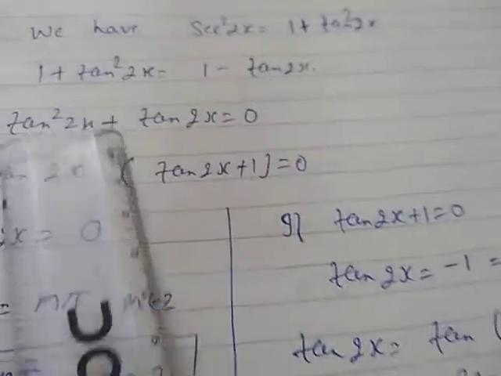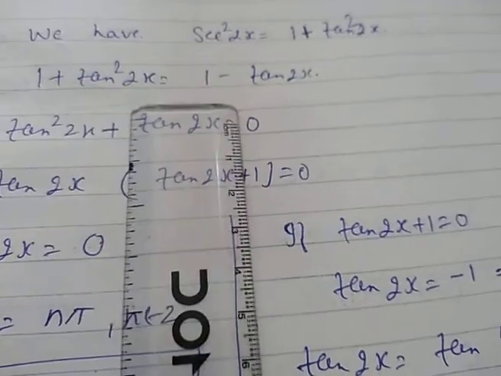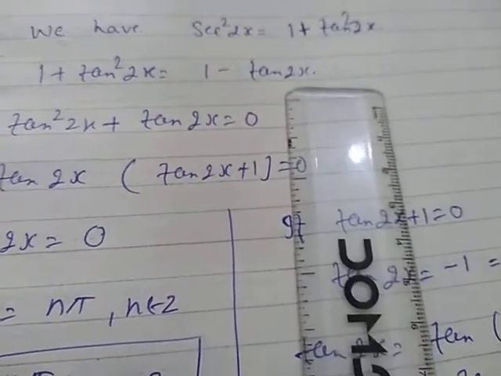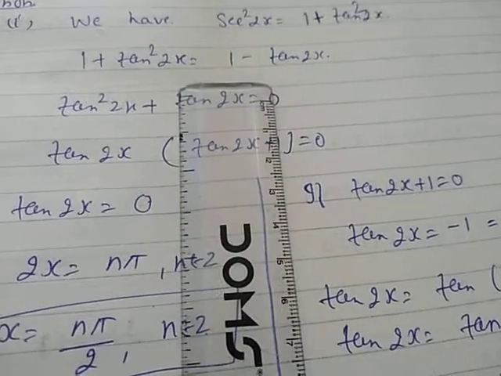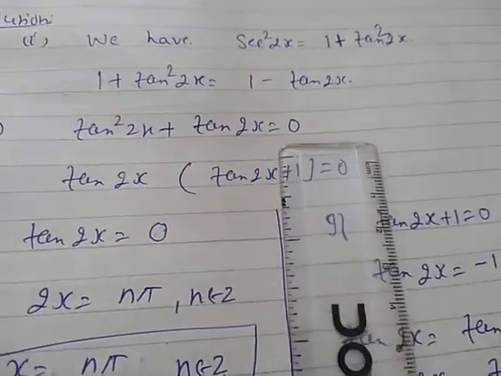So in place of sec square 2x, it is 1 plus tan square 2x is equals to 1 minus tan 2x. 1 gets cancelled. Tan square 2x plus tan 2x is equals to 0.